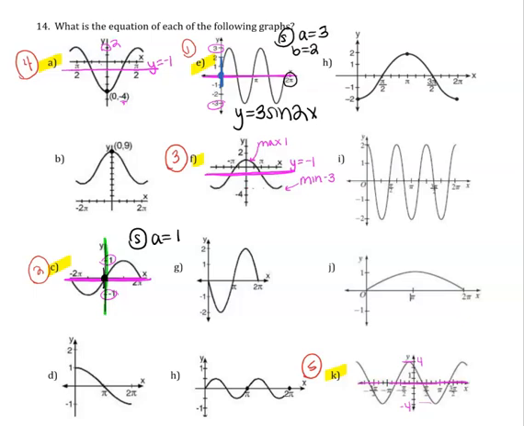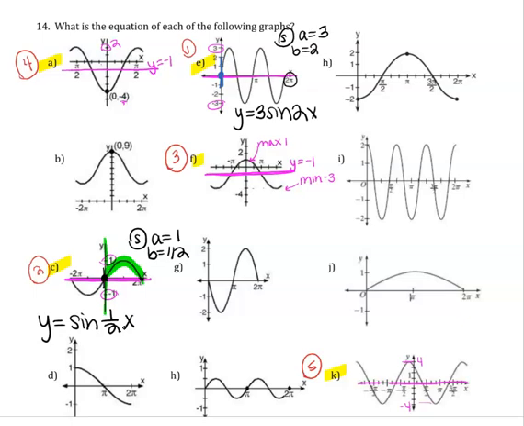Now, frequency again is interesting here because I'm giving you 0 to 2 pi right there. How much of the sine curve am I seeing? Well, that's only half of it, right? So that means my frequency is 1/2. So putting this all together, y equals sine 1/2 x.